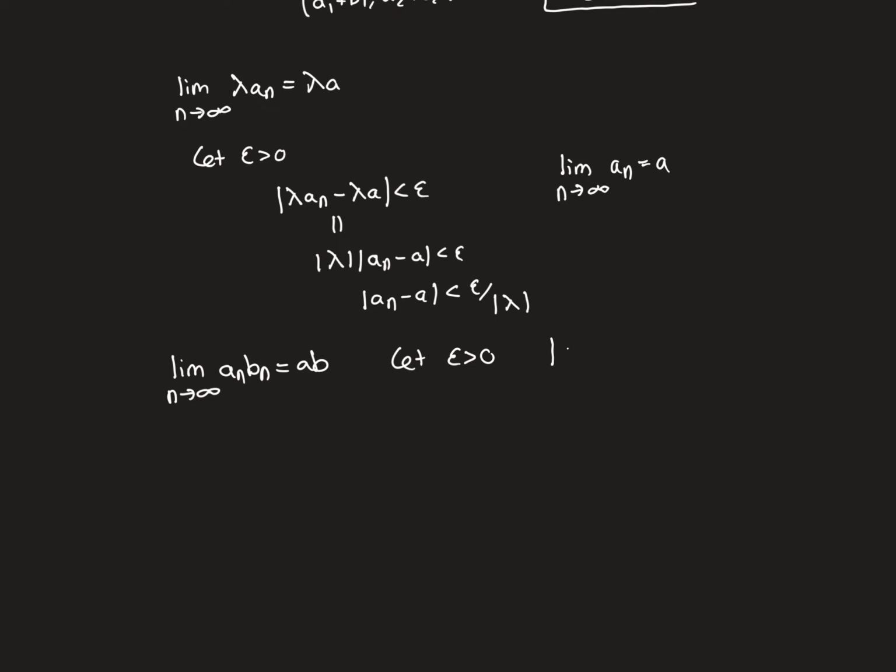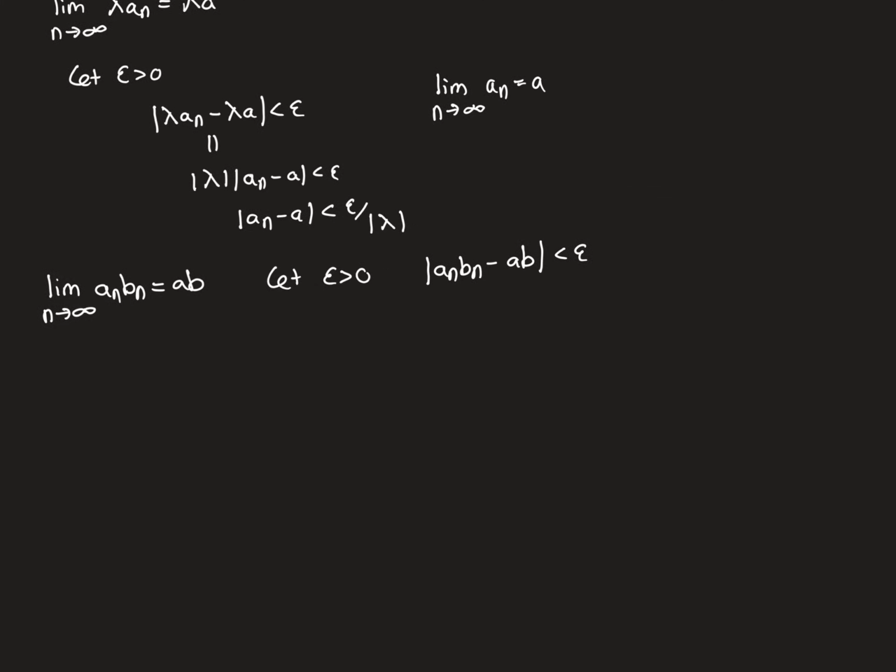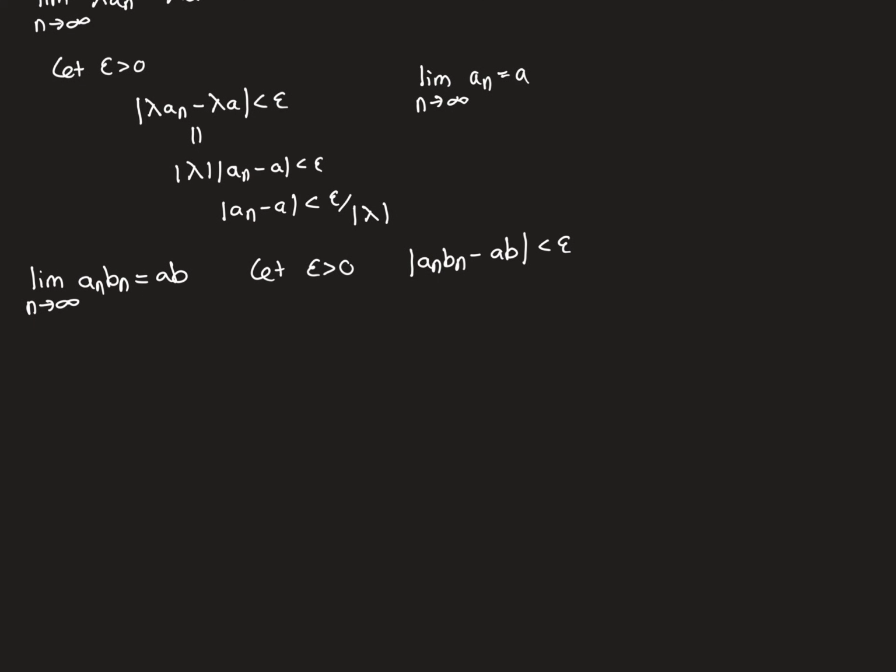So what is the difference between the terms of the sequence and the limit? Well, it's equal to |an times bn minus ab|, and we need to show that we can find some big N such that for all little n greater than or equal to that big N, it's less than epsilon.